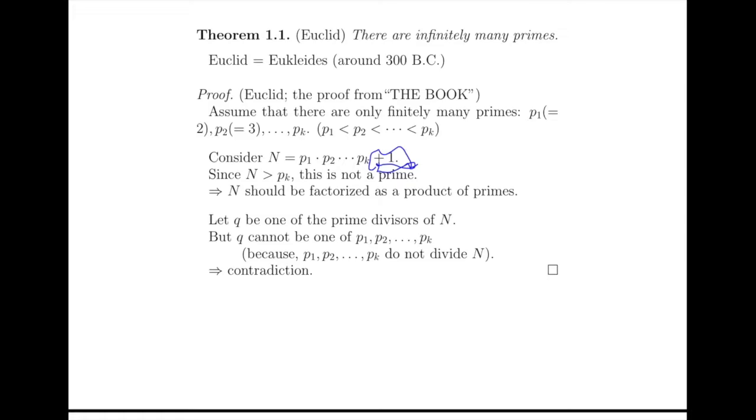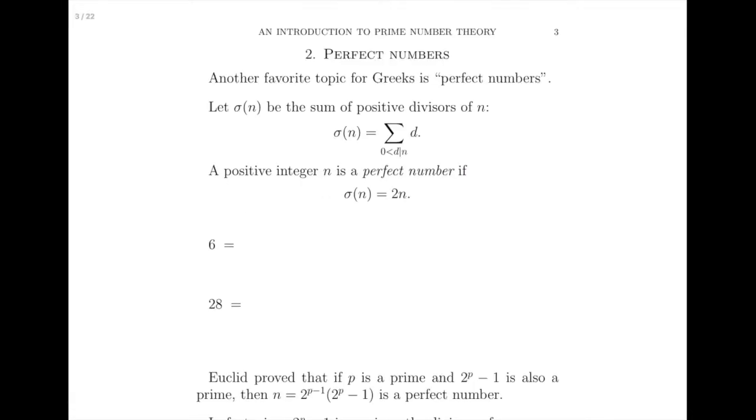But before going into the next stage of prime number theory, I will talk about a digression, which was also of interest to the ancient Greek people, that is the notion of perfect numbers. This is another favorite topic of Greek people.